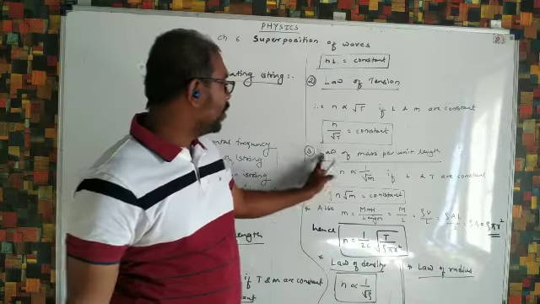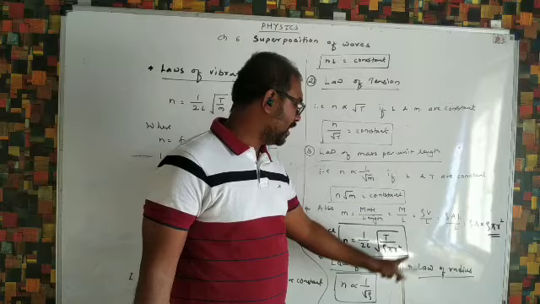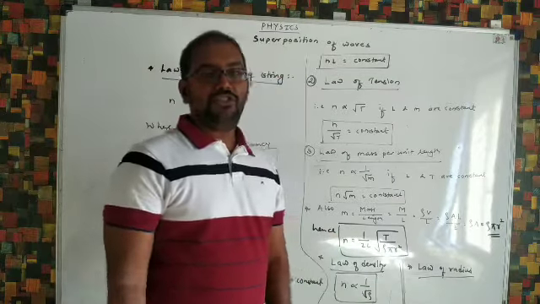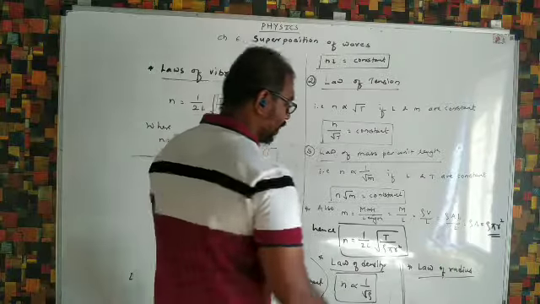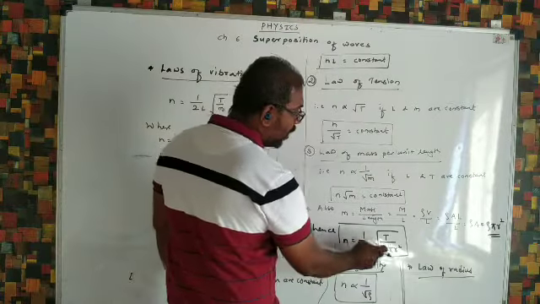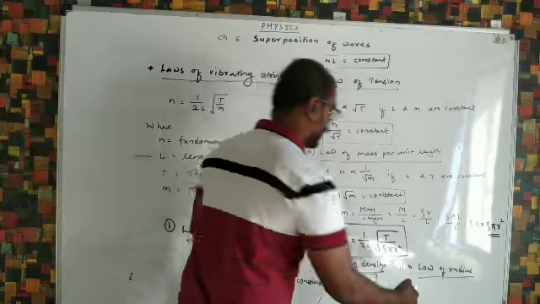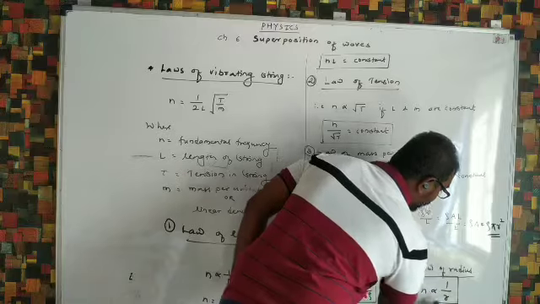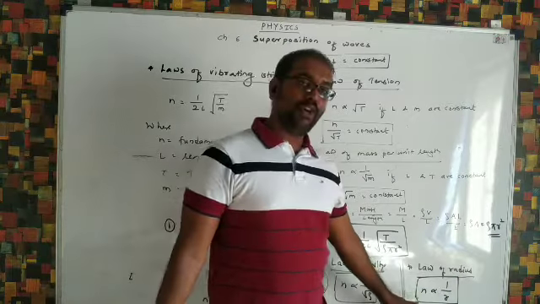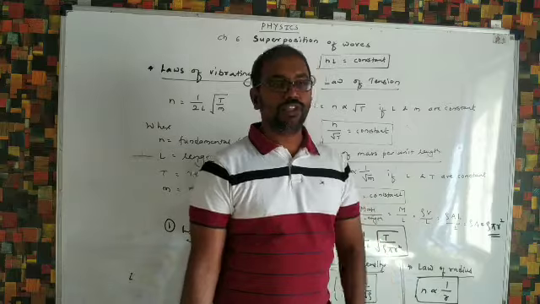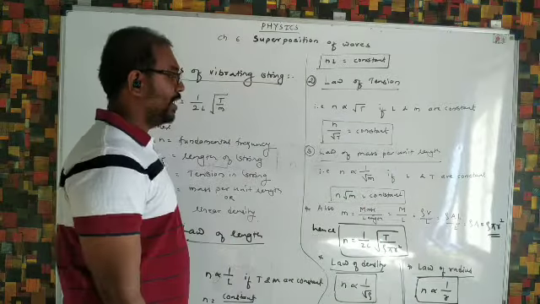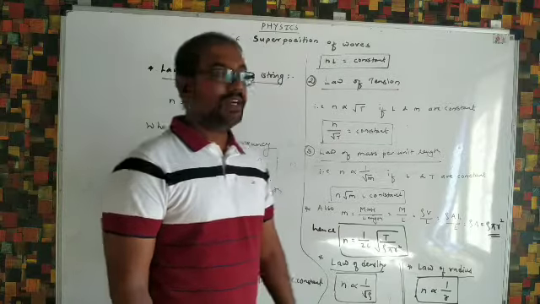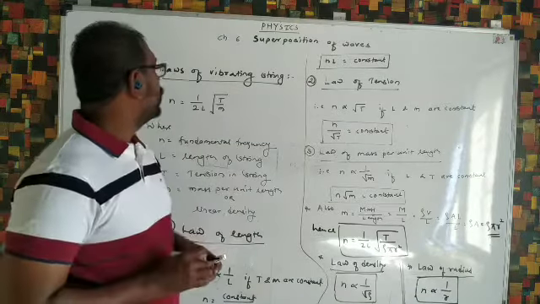Here also L and T, the length of the string and tension, are both constant. Now the law of radius: n is inversely proportional to square root of r square, or n is inversely proportional to r. So this is the law of radius. The fundamental frequency of vibration of string is inversely proportional to the radius of string if length of the string and tension are constant. So here, dear student, we finished laws of vibrating string.